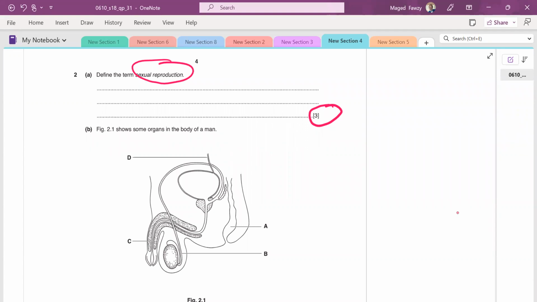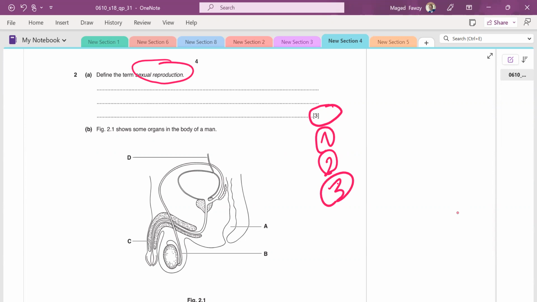Yes, Hala. Does it produce genetically different offspring? Yes, exactly. So this is the first mark, type of reproduction. It needs two parents. Exactly. The second mark, it needs two parents. What else? Involves mitosis. Uh, Sir, can you mention gametes? Yes, you have to mention gametes, and this will be the third mark.